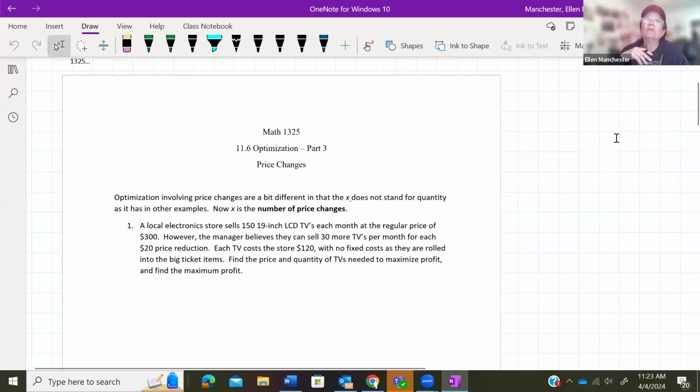What you want to think about is actually very applicable, because a lot of times in business, if you change the price, whether you raise it or lower it, it's going to change how many products you're going to be able to sell. For instance, in this first example, you have TVs.